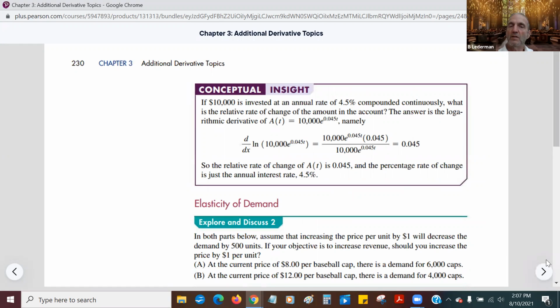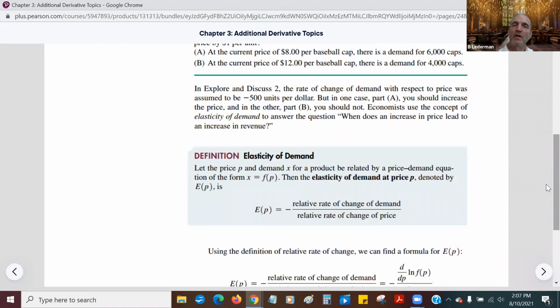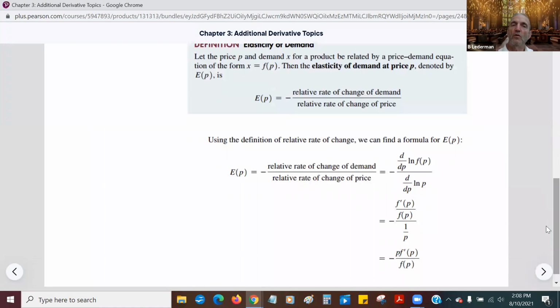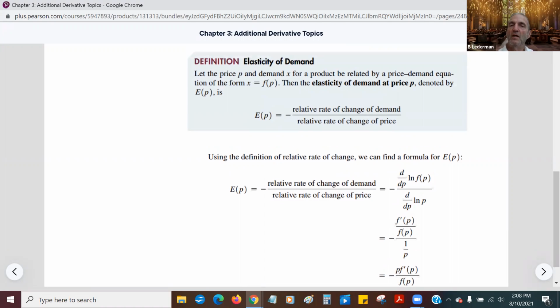All righty, and let's go to elasticity of demand. So let the price P and demand X for a product be related by the price-demand equation of the form X equals f of P. And the elasticity of demand at price P, denoted by E of P, is the relative rate of change of demand over the relative rate of change of price.